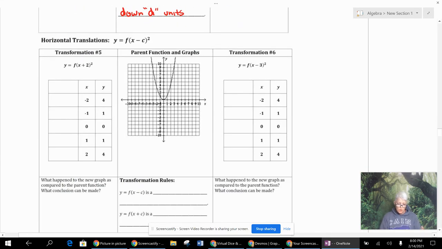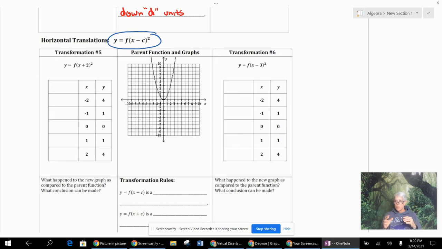Right, the next one, if you notice, it's right here. It's inside the parentheses, so it's affecting the x. Now this one's a little bit different. This is going to feel weird, and I could go into a big, long explanation, but in the parentheses, everything ends up doing the opposite.